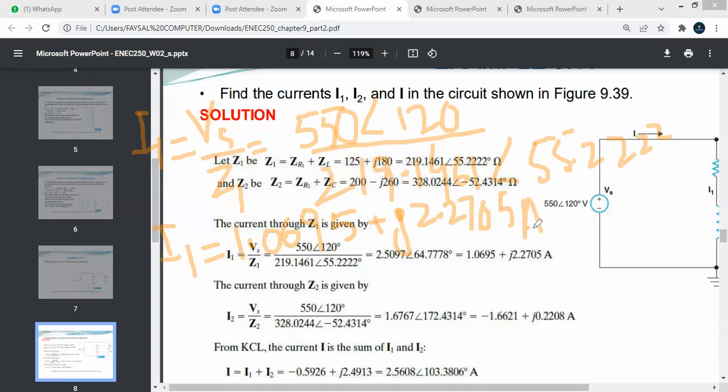So this is the value of I1 for my system, which is shown in figure 9.39.